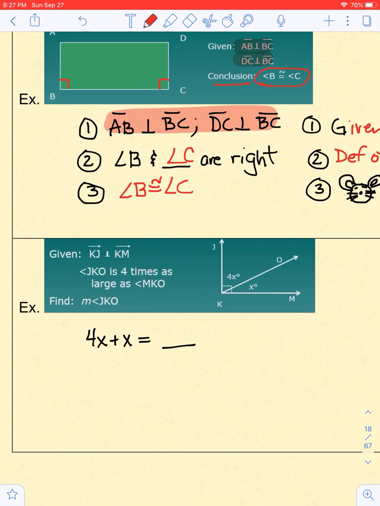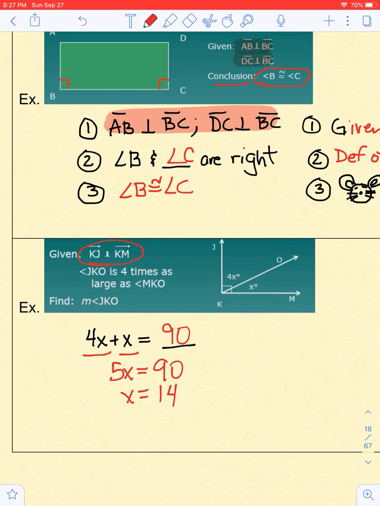Well, we see that that angle is 4x, and we see that the other angle is x, and I know that these two lines, where they meet at K, meet at perpendicular. It's even marked in the diagram. So we know that x plus 4x must be 90. So 5x equals 90, which means x is equal to 14.